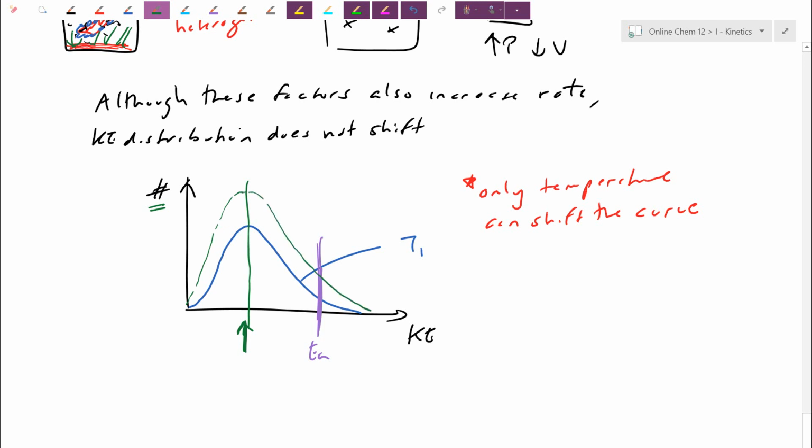You'll notice the curve itself is still at the same average energy, right? I'm still at the same room temperature. I'm still at T1. However, just the sheer number of particles that I have will increase how many particles are above the barrier. This one here, remember we said why it's faster?